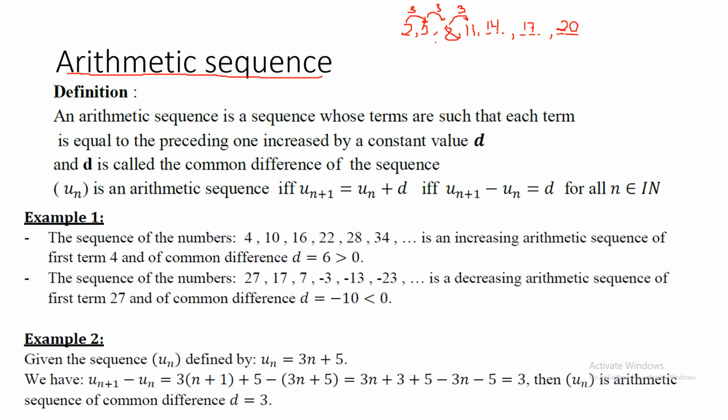Another example. 1, 5, 9. What are the coming 3 elements? يلا شباب. 1, 5, 9.